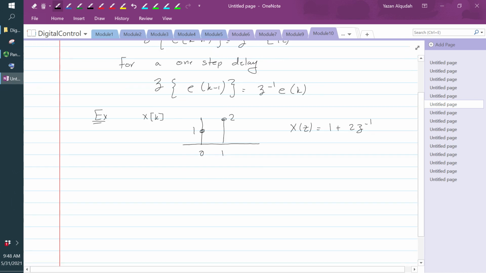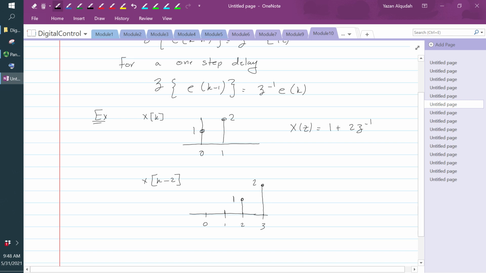Now what happens if I shift this signal x of k by 2? It's shifted by 2, not by 1. What's going to happen? This is 0, 1, 2, and 3. This is going to come here. This is going to be the 1, and at 3, this is going to be the 2. This is the signal if I shifted by 2.